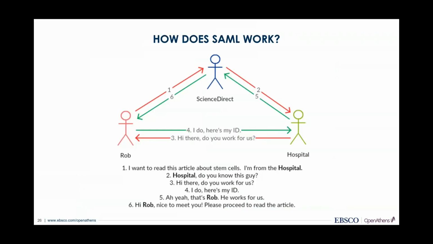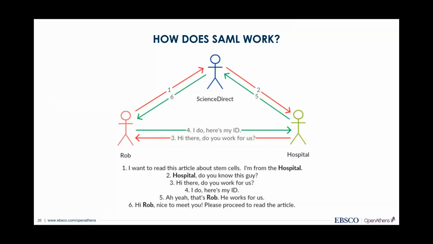It works like this. Rob, who is a doctor, on the left, wants to go and read an article about stem cells. He goes to Science Direct and says, hi, Science Direct, I'm from the hospital. Science Direct sends a request to that hospital and says, hey, do you know this guy? Hospital prompts Rob to log in to their very own Active Directory and says, hello, do you work for us?